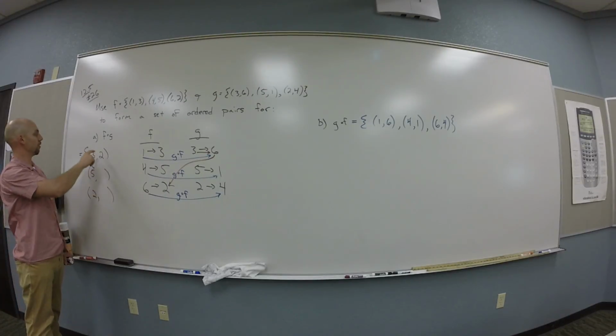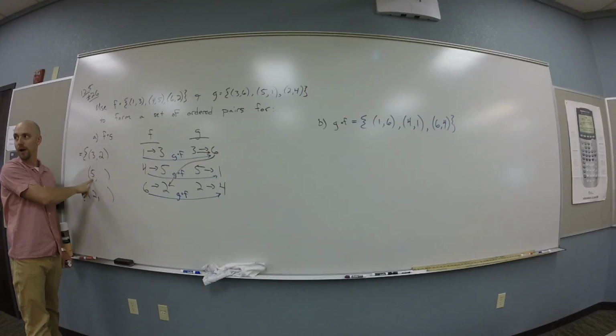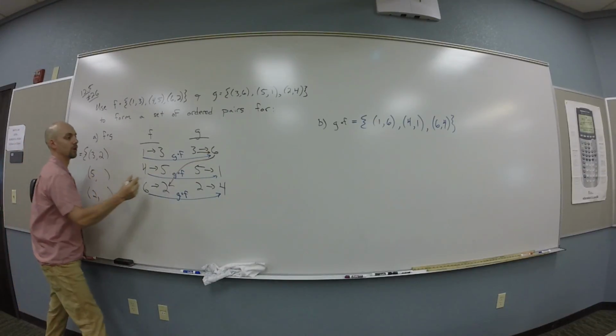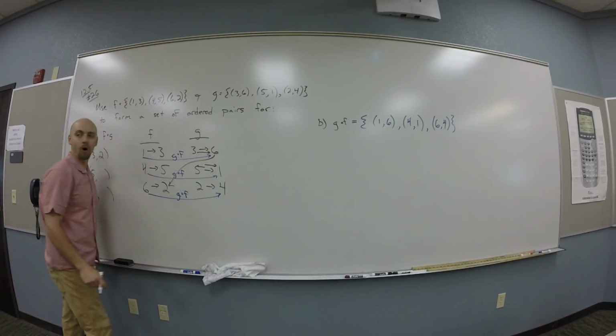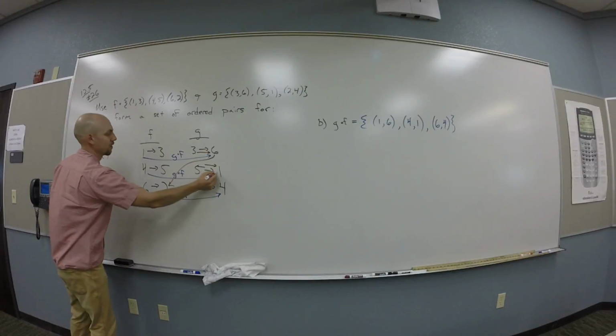And then I want to do G to 5, and then F to the result. G takes 5 to 1. Then where does 1 go under F? It goes to 3.